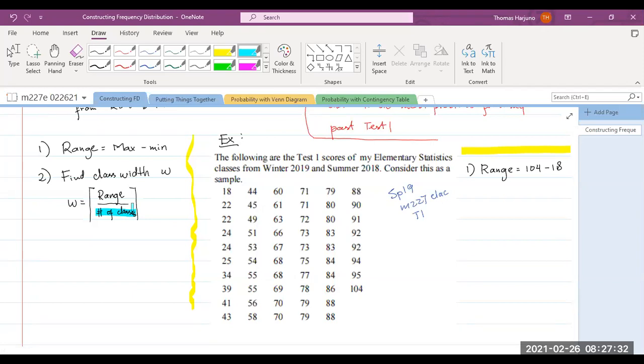There are two different formulas commonly used to decide how many classes we should use, but we will not use them, because they assume you know how to use logarithms, and that prerequisite has not been applied for this class. So I cannot really expect you to know how to use logarithms.